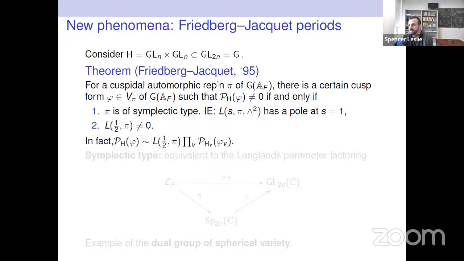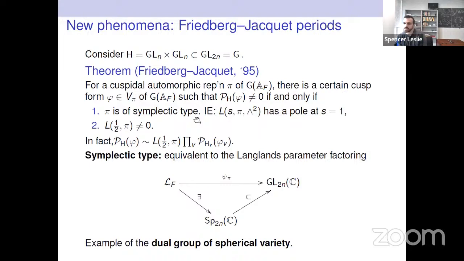So one of the nicer ways to think about this is in terms of the Langlands parameters. We call it symplectic type because it's equivalent to the Langlands parameter factoring through the inclusion of the symplectic group into GL2n(C). So GL2n(C) is the dual group of G, and a representation is of symplectic type precisely when its Langlands parameter factors through this inclusion.